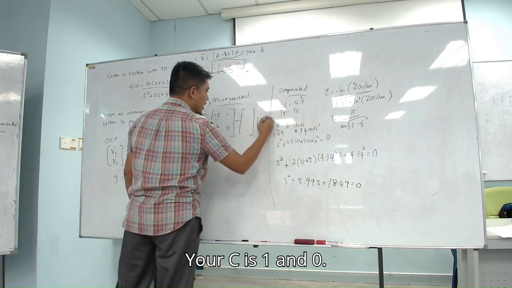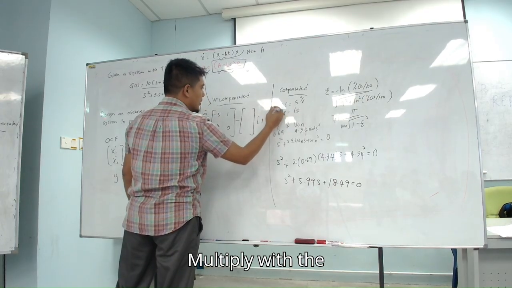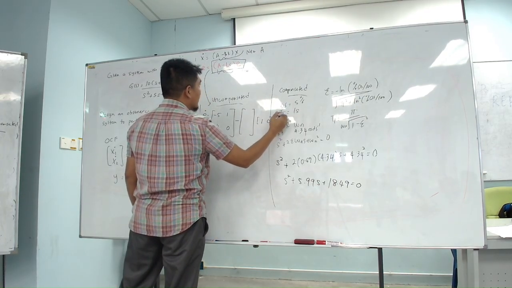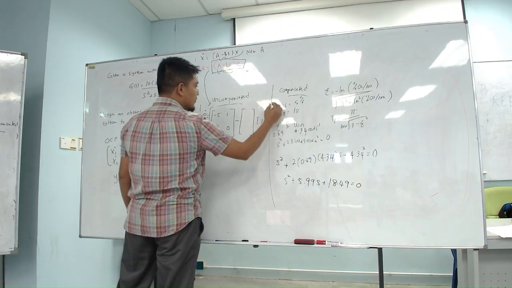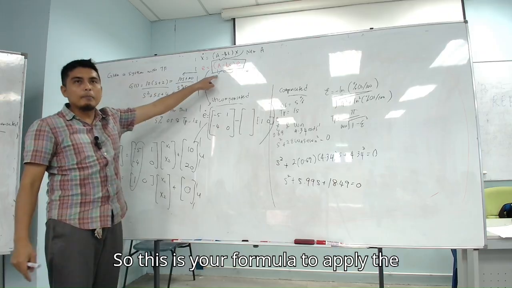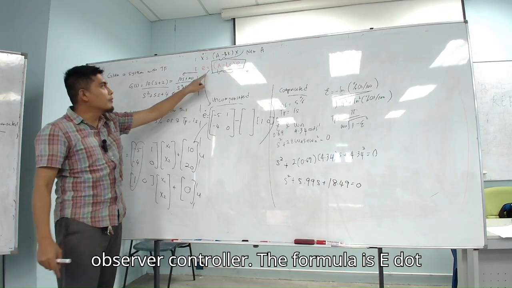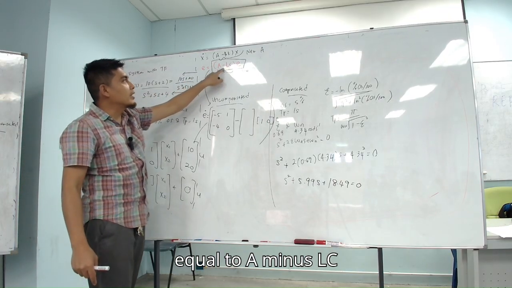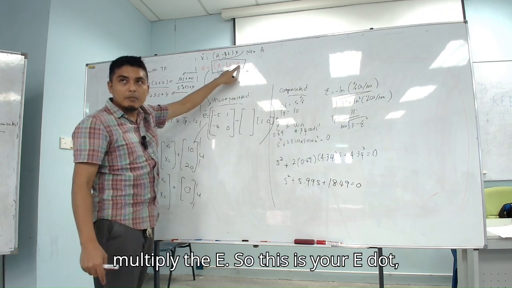Everything multiplied with the E. So this is your formula to apply the observer controller. The formula is E dot equal to A minus LC multiplied by E.